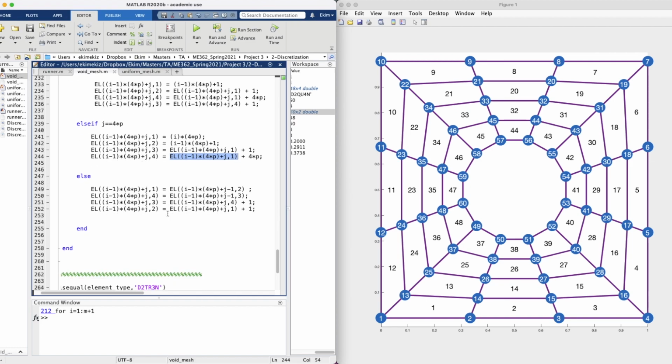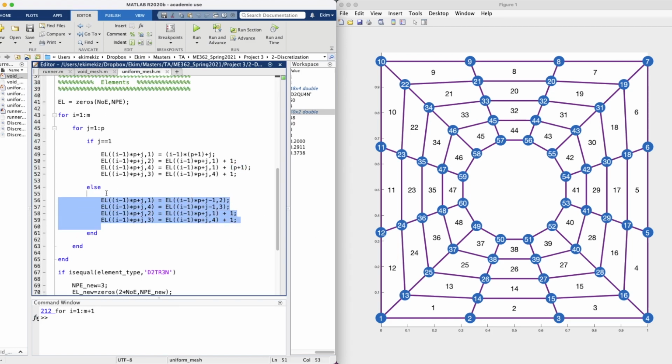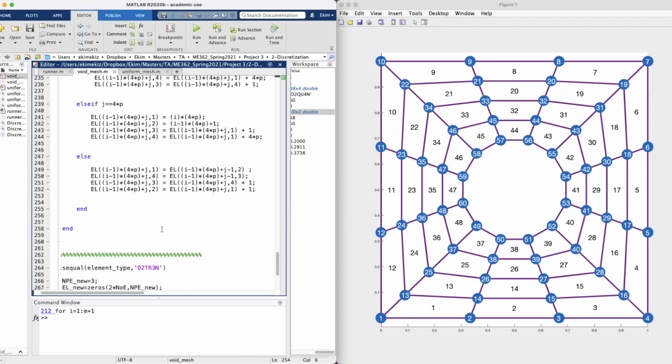And as I said before, this else is the same as our uniform mesh. It takes a look at the previous element and its nodes and generates the current element's nodes using those. And this is how we generate the domain with the quadrilateral elements.